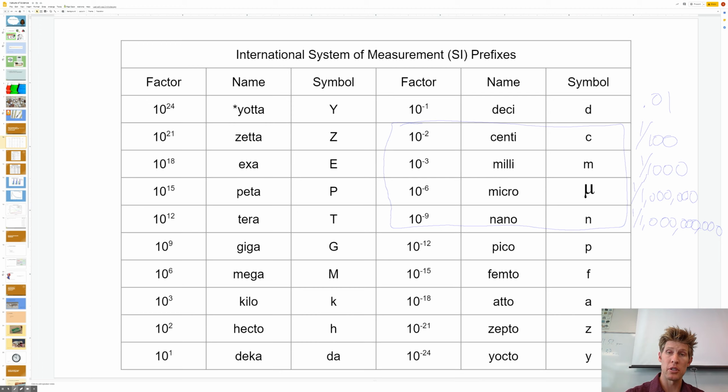Now, the commonly used prefixes that are bigger, we use kilo through tera. So kilo is 1,000, mega is a million, giga is a billion, and tera is a trillion. And that is kind of the commonly used prefixes that we use.